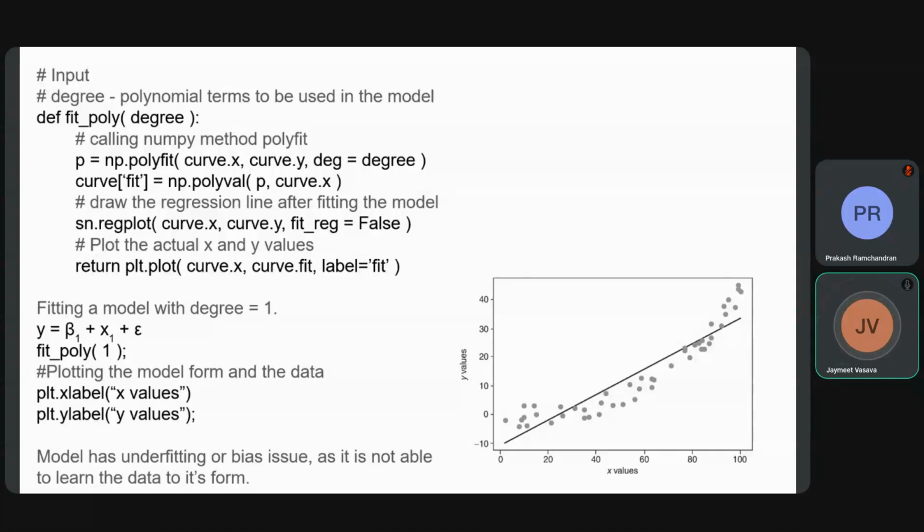So it means that the model is not able to understand the data correctly with a degree value of 1. The model has an underfitting or bias issue, as it is not able to learn the data from its form. So we increase the value of the degree now.